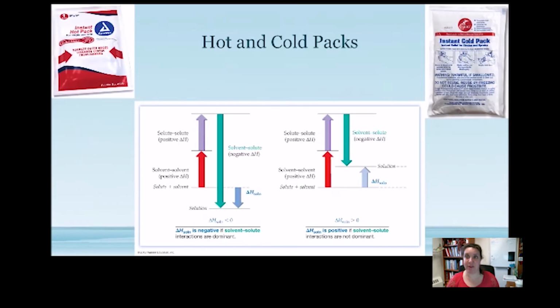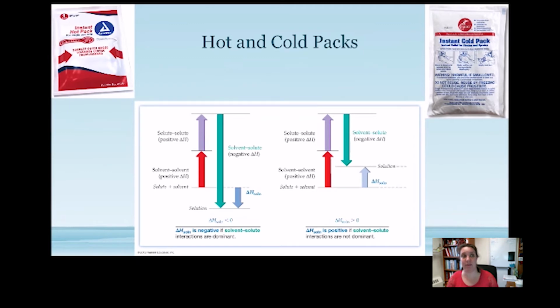As I said, we can still have endothermic processes. We just have to have that endothermic process not be that great. We take advantage of endothermic processes whenever we're using a cold pack. So instant hot packs and instant cold packs, you break them or you squeeze them. And when you do that, you break something inside that releases a solvent or a solute.